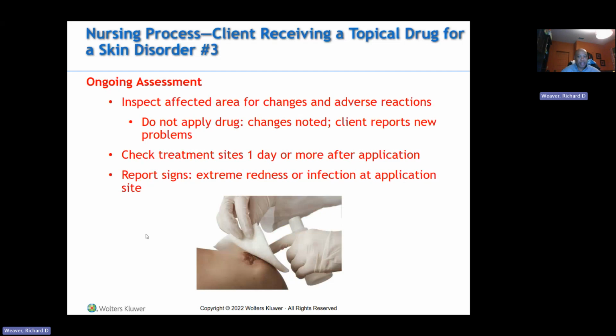The nurse might be responsible for checking the treatment sites 1 day or more after application of the medication, and again, should inform the primary healthcare provider for any signs of extreme redness or infection at the application site.